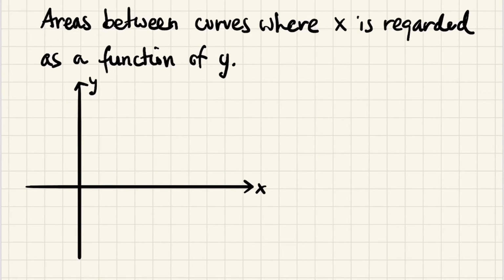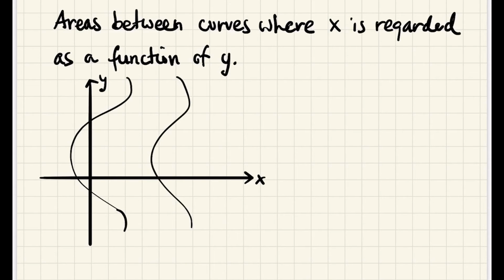All right, let's say we have 2 functions and they're just minding their own functionally business, but this time x is regarded as a function of y. Let's call this guy x equal g of y, and we'll call this guy x equal f of y.